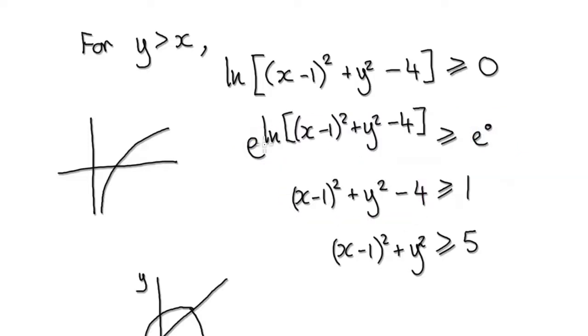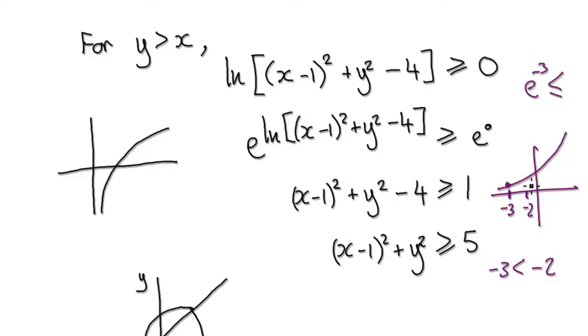And by the way, the reason why when it comes to inequalities, let's look at the e graph. E to the power x looks like this. Well, even when you're working with inequalities, suppose -3 we know is less than -2. So e to the power -3 will be less than e to the power of -2.